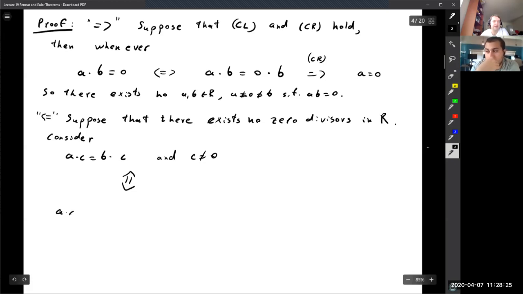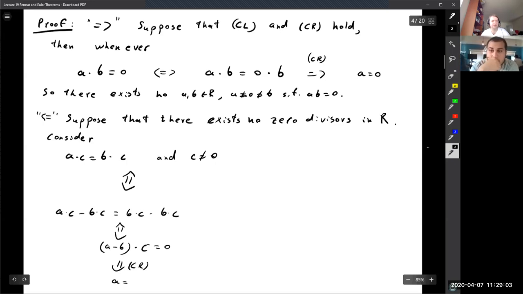So this is the same as AC minus B times C, same as B times C minus B times C, which is of course equivalent to A minus B times C equals 0.